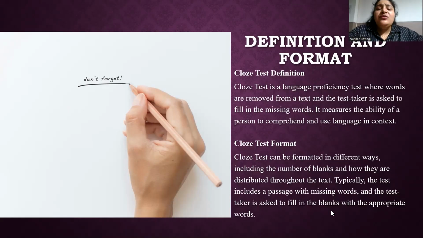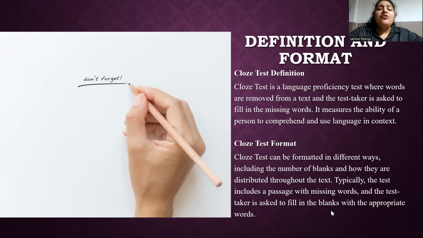It can be used to assess language skills for various purposes such as placement in language classes, evaluation of the language learning process, and assessing language proficiency for employment or academic purposes. It can be administered in various formats including paper-based, computer-based, and online.